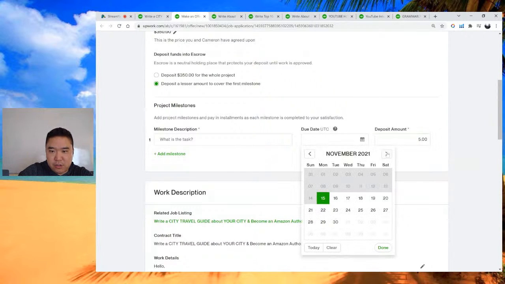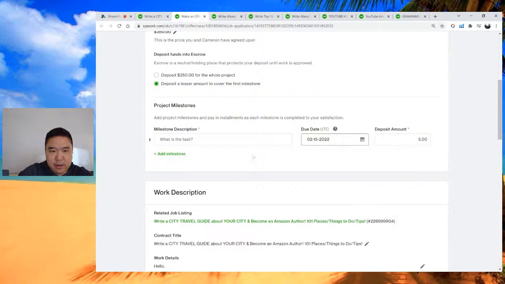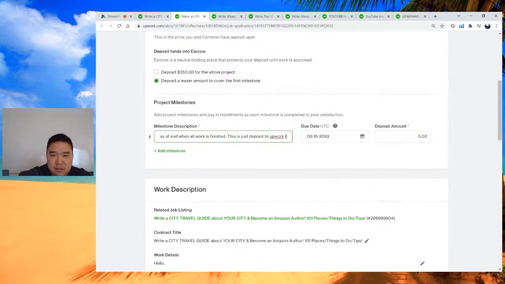Okay, due date, I usually do 3 months, 1, 2, 3, 15th, right? And then I just explain this is a milestone. No, we pay at the end when all work is finished. This is just a deposit to Upwork or something like that, to start the project.